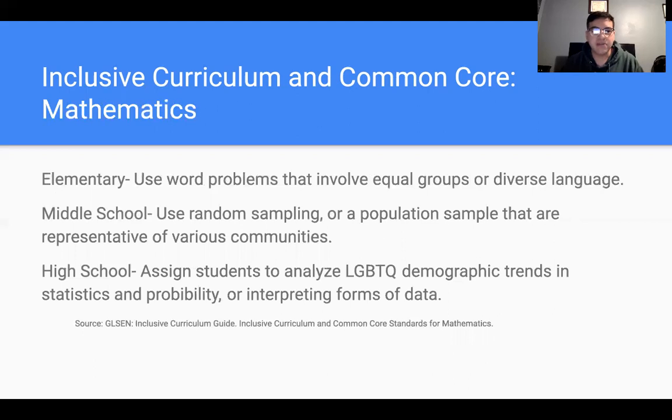You want to change it up a little bit. In middle school, use random sampling or population samples that are representative of various communities. And in high school, assign students to analyze LGBTQ demographics, trends, and statistics, probability, or interpreting different forms of data. You can also technically do that in middle school as well.